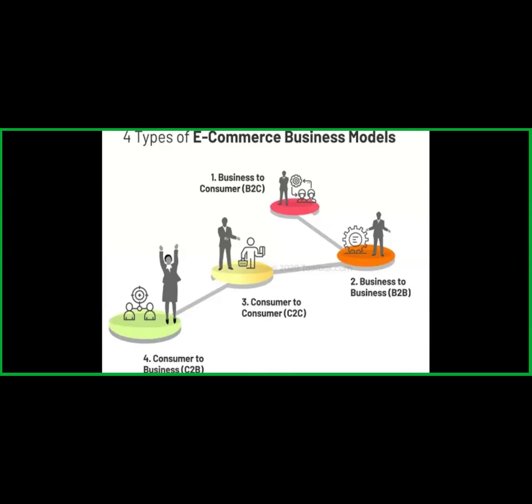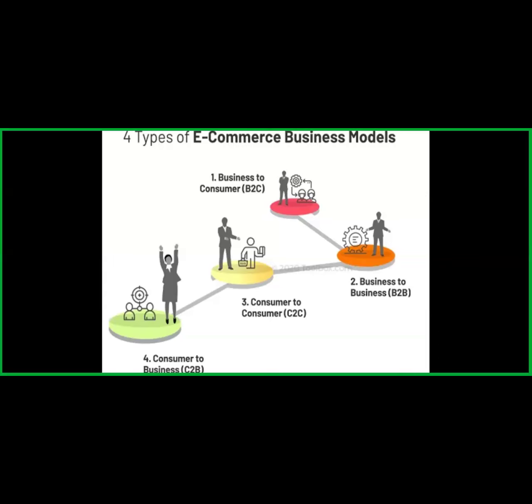Next is business to business, that one seller or one business organization is selling their product to other business organizations. So that selling is B2B. On India Mart, it is done. On Alibaba, it is done. That you can say purchase some products or the products which are available on Alibaba on a large scale.